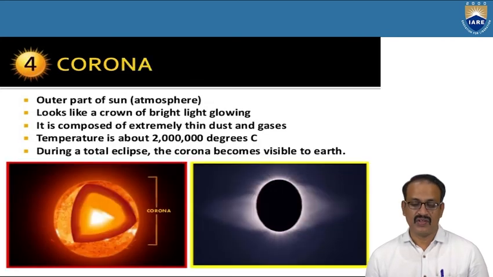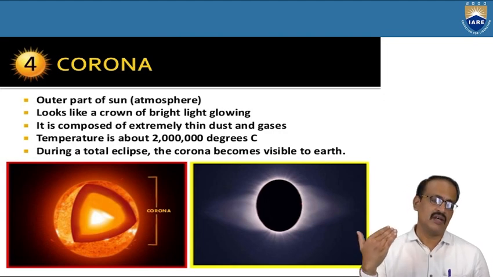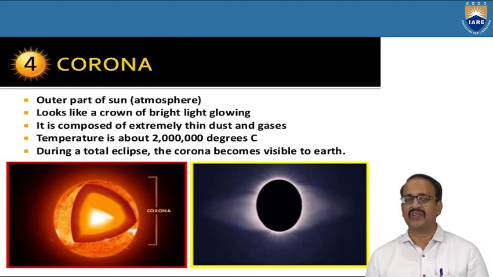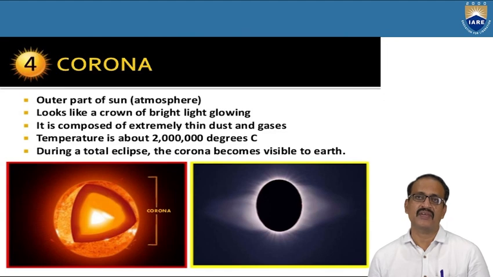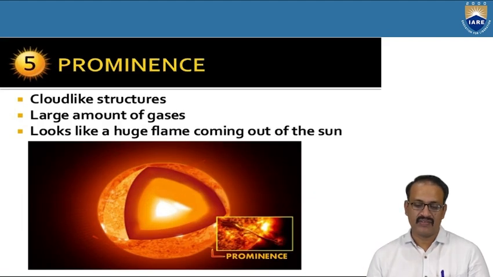And the corona we normally cannot see, but during a total eclipse, you can see this corona, which is brown in color from the earth. It looks like a crown, a bright glowing light. And the prominence is coming out.